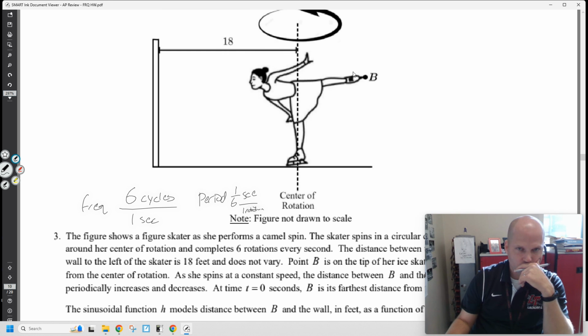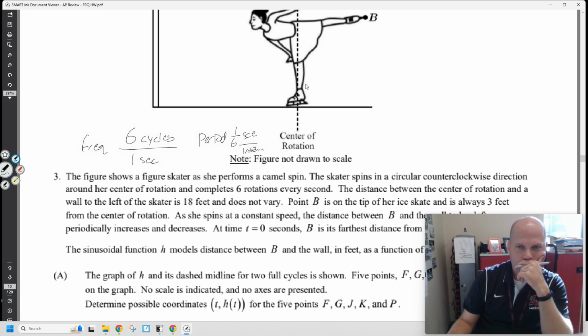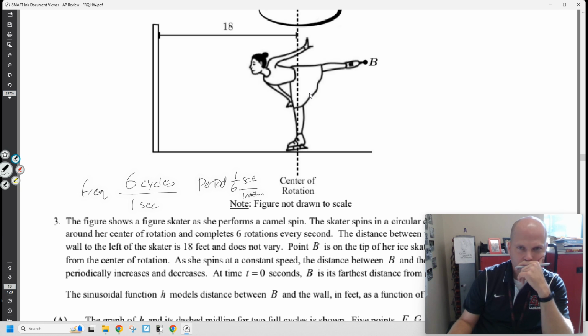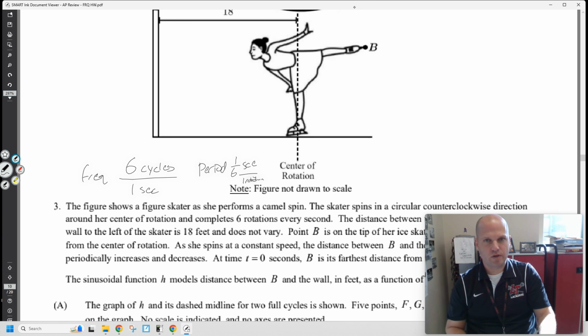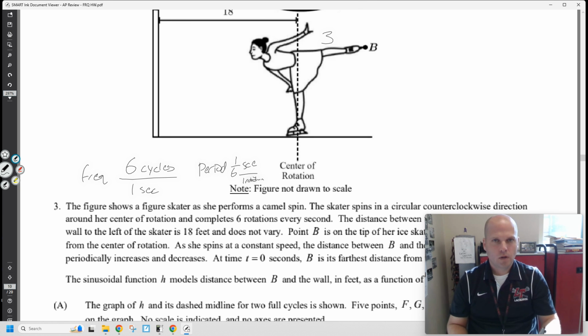The wall, the center. All right, point B is 3 feet away from the center of rotation. So we are talking about point B being 18 feet from the wall, 15 feet from the wall, or 21 feet from the wall.